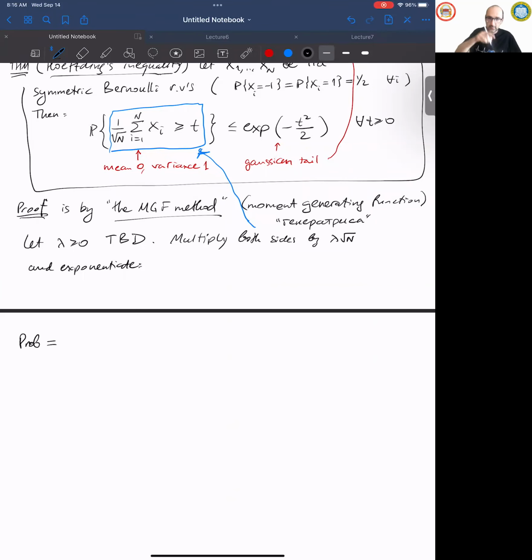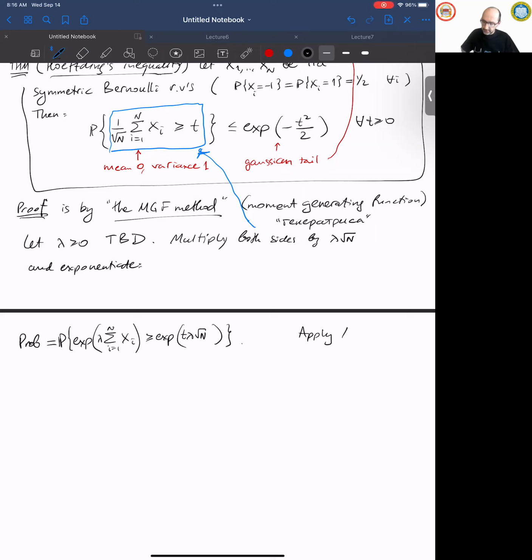So our probability, the blue probability, then becomes: we multiply by lambda root n, so we get lambda here is greater than t lambda root n. I just multiplied by lambda root n and then exponentiated. Nothing happened here, no math, we just did this in preparation for Markov's inequality.